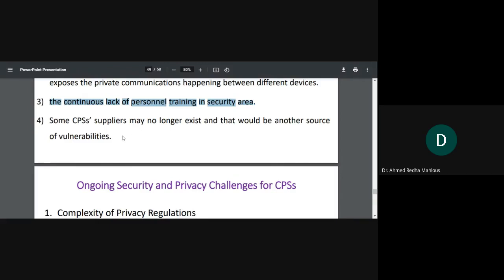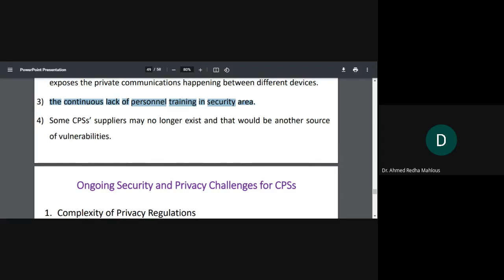Another challenge is with regard to the suppliers. Sometimes you will find a manufacturer that purchased some CPS 30 years ago from a company ABC, and that ABC is no longer existing, maybe for financial or any other reason.